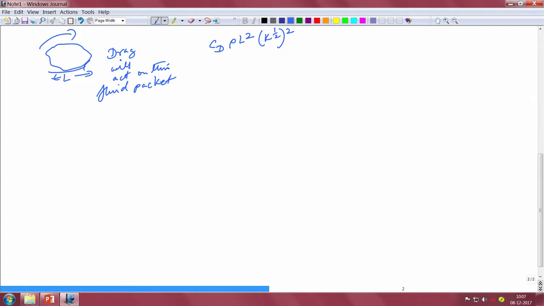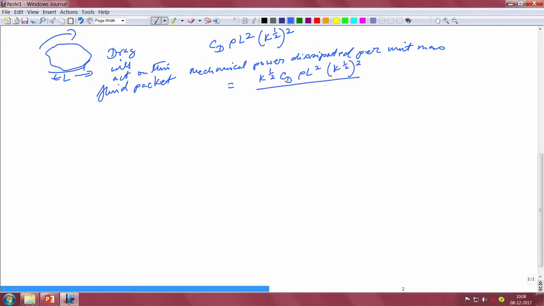So, the mechanical power that is dissipated per unit mass is given as k to the power of half, times CD rho L square k half square, divided by rho L cube.